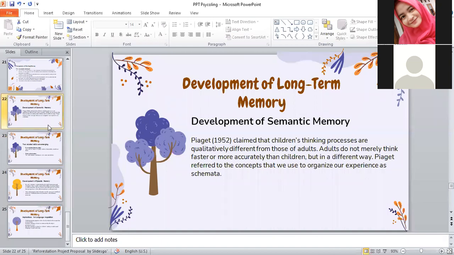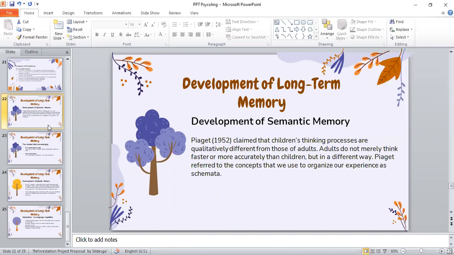Development of long-term memory. Development of semantic memory. Piaget, in 1952, claimed that children's thinking processes are qualitatively different from those of adults. Adults do not merely think faster or more accurately than children, but in a different way.